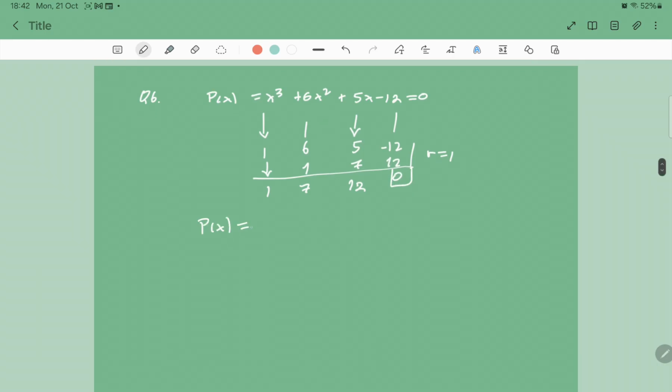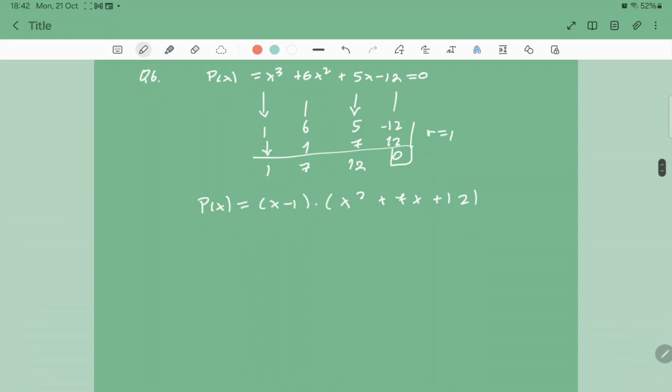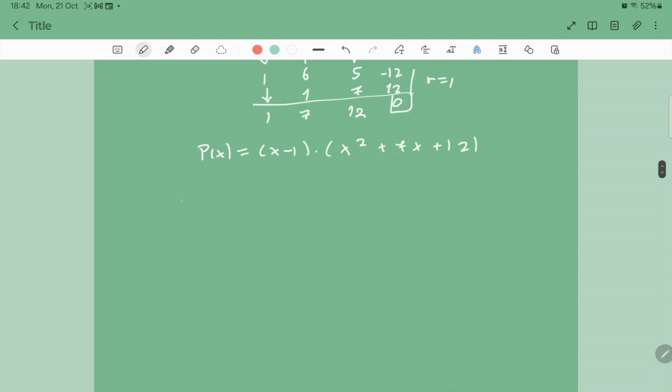P of x equals x minus 1 times x squared plus 7x plus 12. We need to factorize the polynomial of degree 2 by finding the corresponding roots.